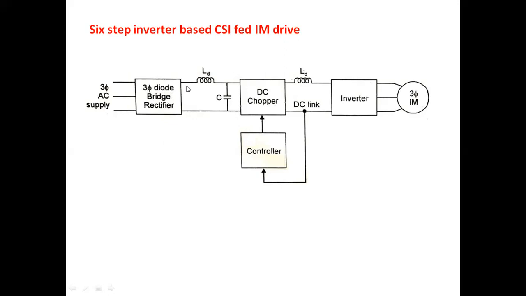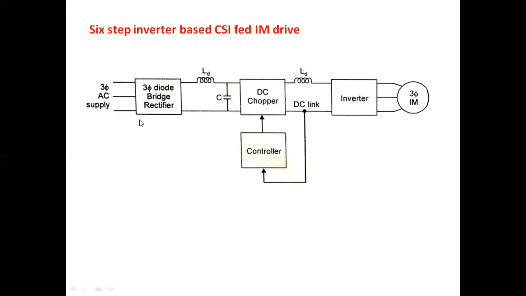It will provide a fixed DC. This fixed DC is not sufficient to operate the inverter under variable current and variable frequency mode, so it is needed to control the voltage. For that reason, I used a DC chopper circuit.